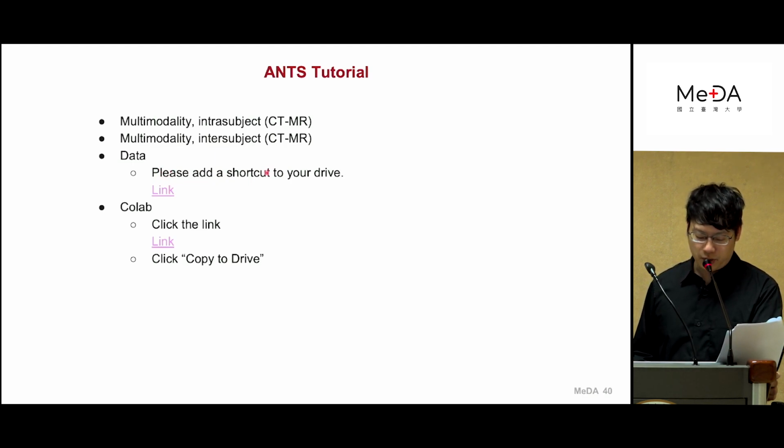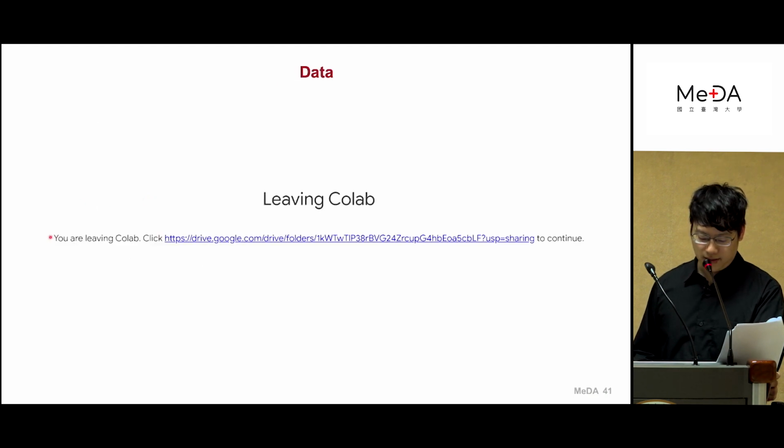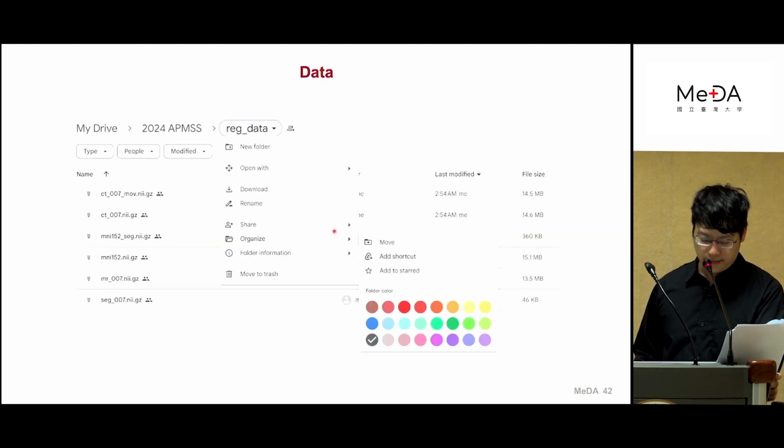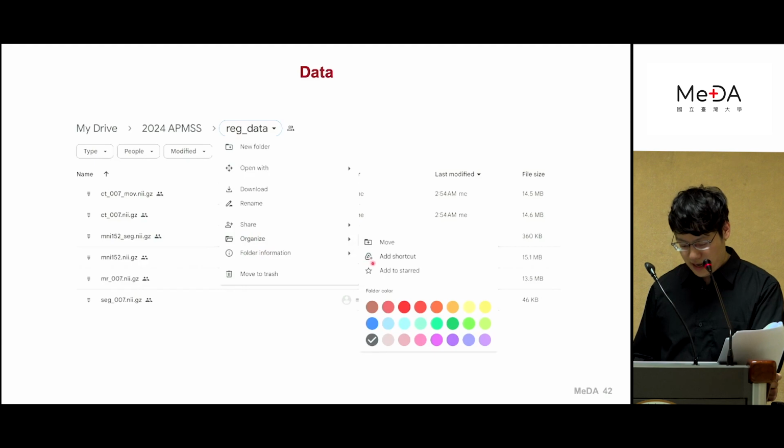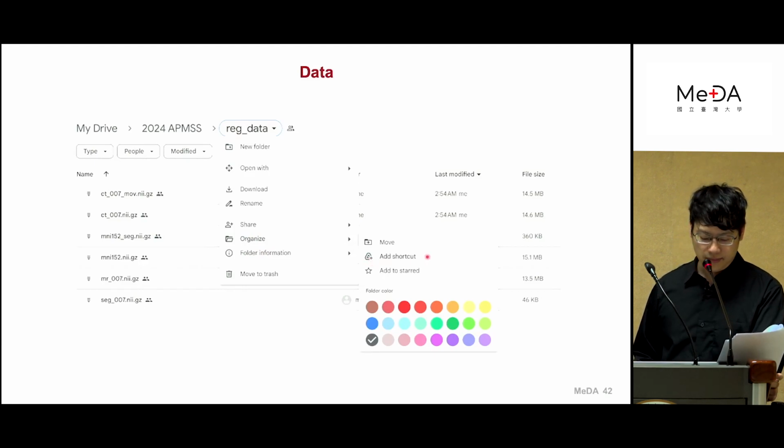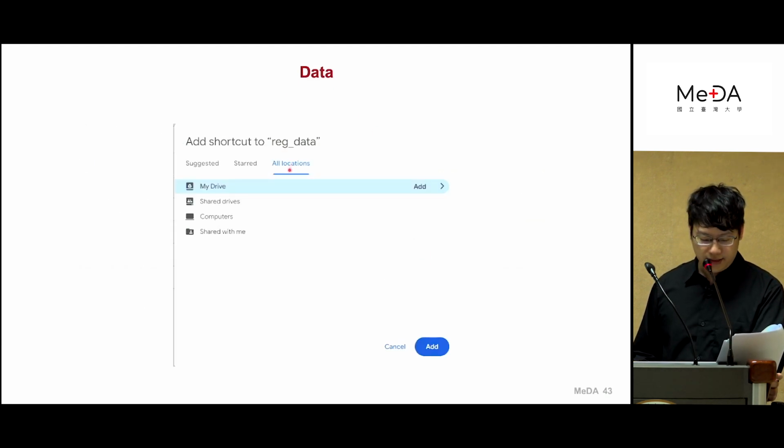After you click the shortcut here, you should see the web page like this. And please click the link again. And then click Rich Data, Organize, Add Shortcut. And please select All locations, My Drive, and click Add.